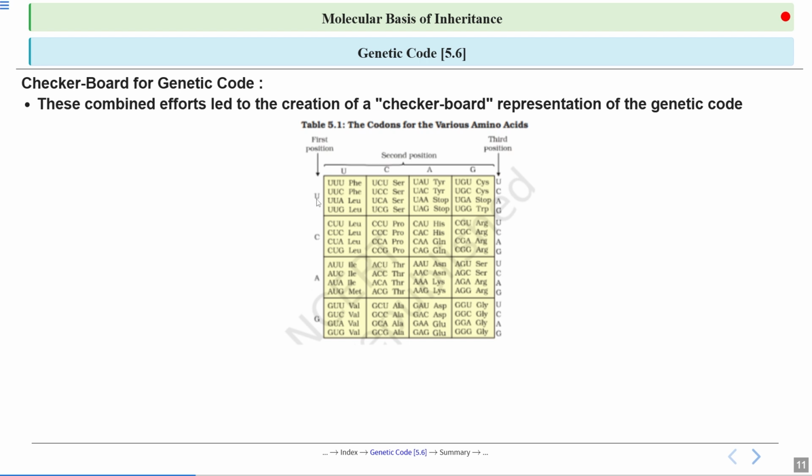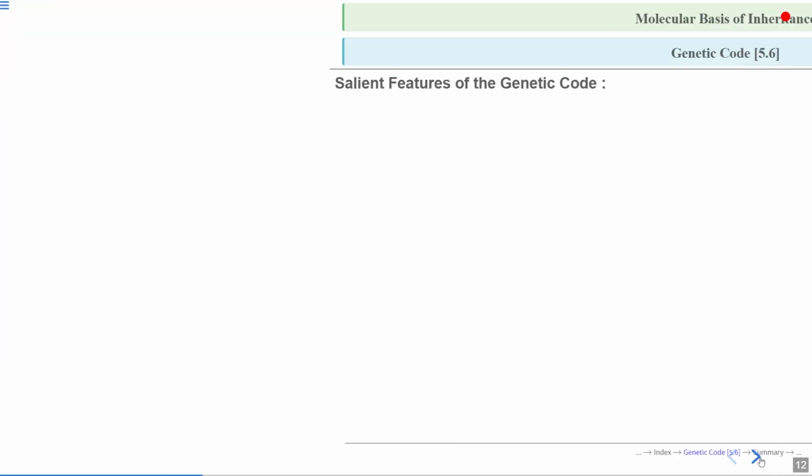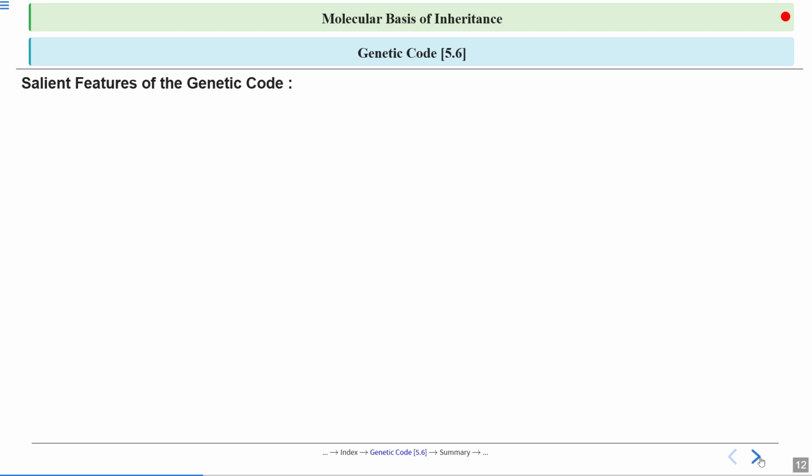For the first position they took this U, for the second they took this U, and for the third position they took this U. Then for this they have taken U, U, C. Just like this they have made this checkerboard, which is going to tell the different amino acids that are formed from these nucleotide base pairs.